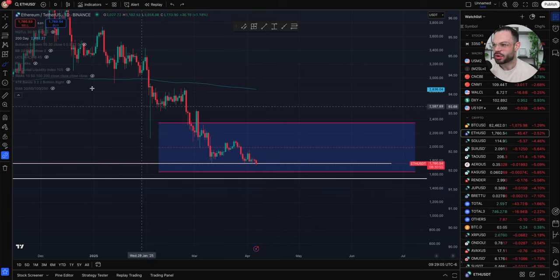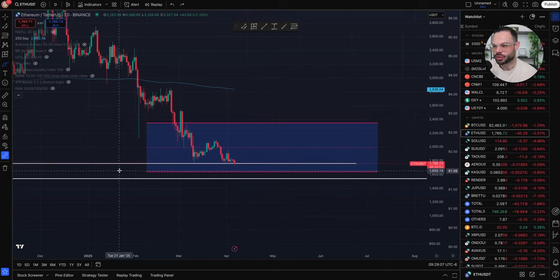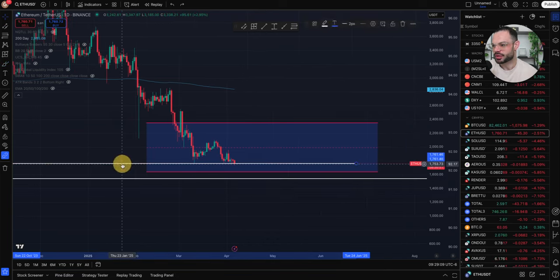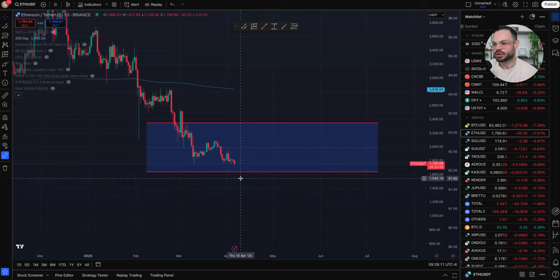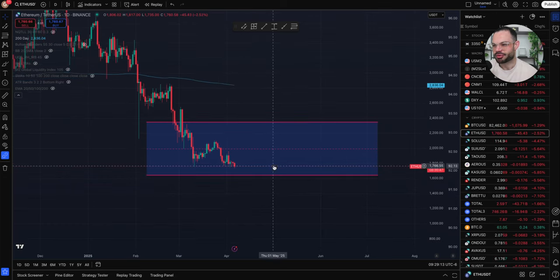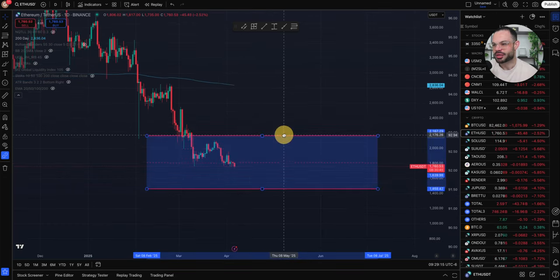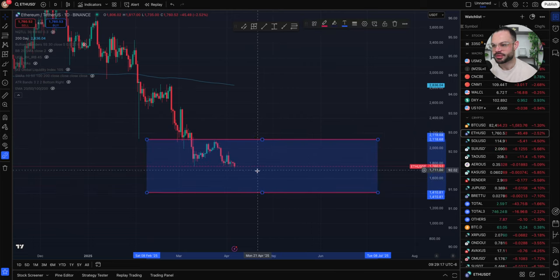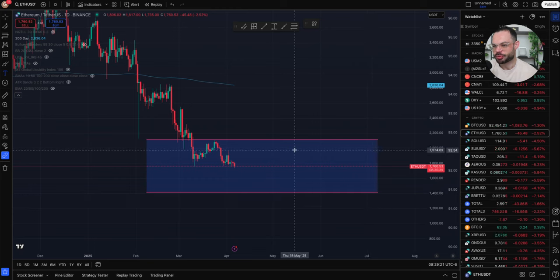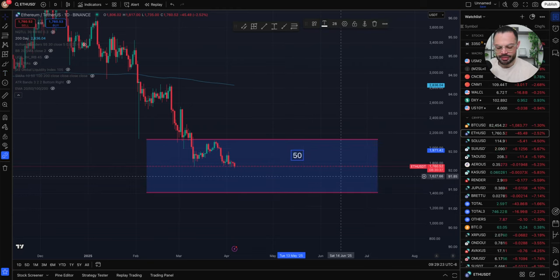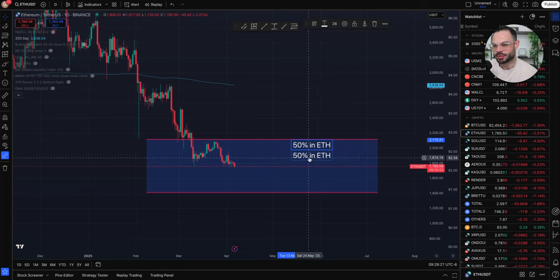Because remember, what's happening here when we actually provide liquidity, let me remove a couple of these trend lines. If we're providing liquidity to ETH USDC, for example, and assuming we enter the pool with a rough 50-50 split, so price is in the middle of the range here when we enter the pool, you've got to remember that 50% of your capital is going to be exposed to Ethereum when you enter the pool, but the other 50% is going to be exposed to USDC.